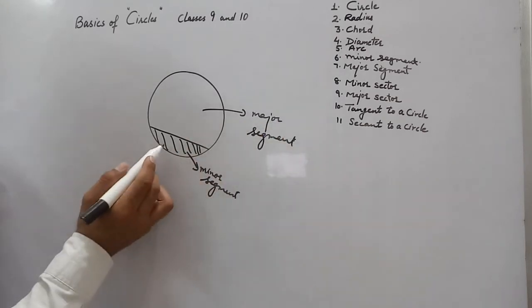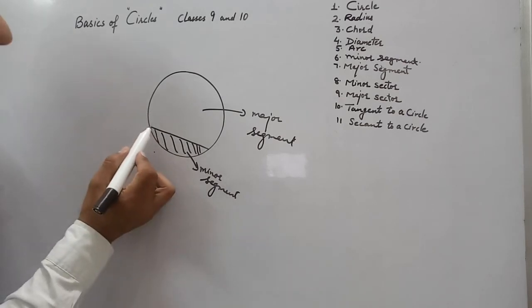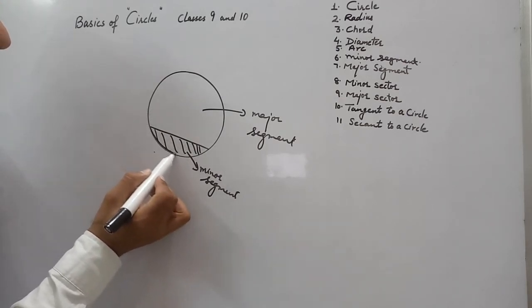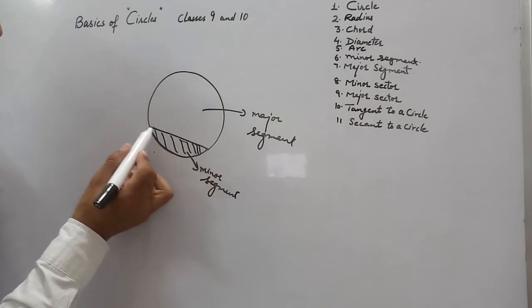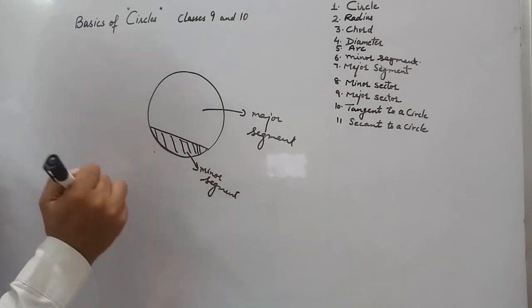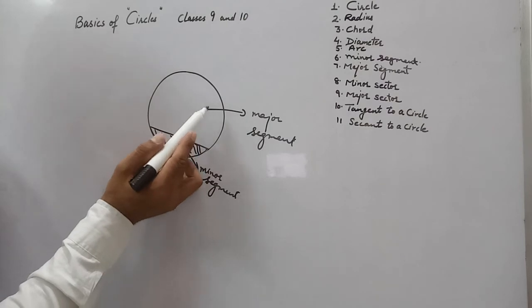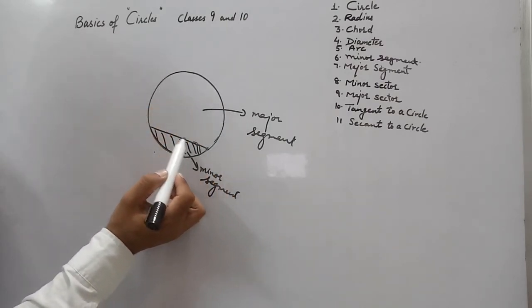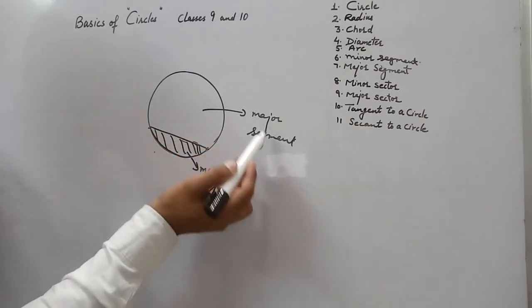So we can define the minor segment as the area bounded by the minor arc and the corresponding chord, and the area bounded by the major arc and the corresponding chord is called the major segment.